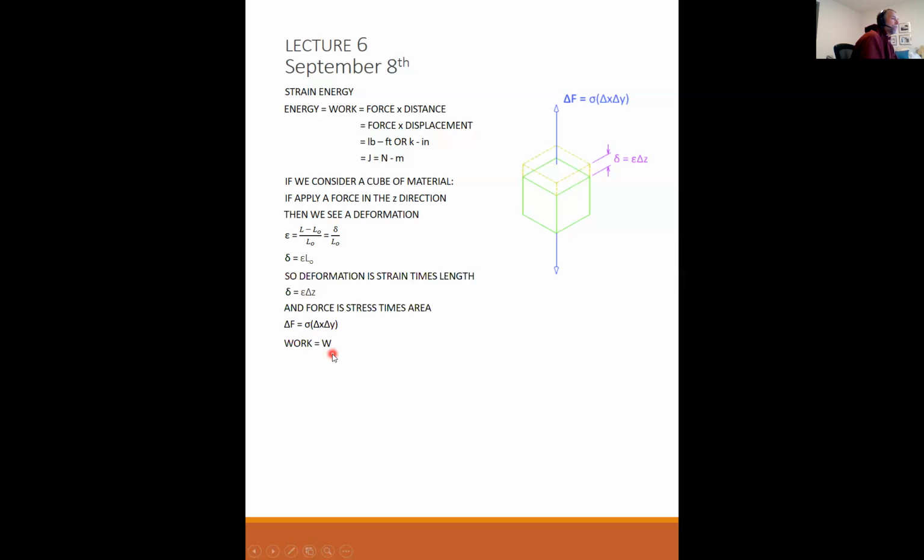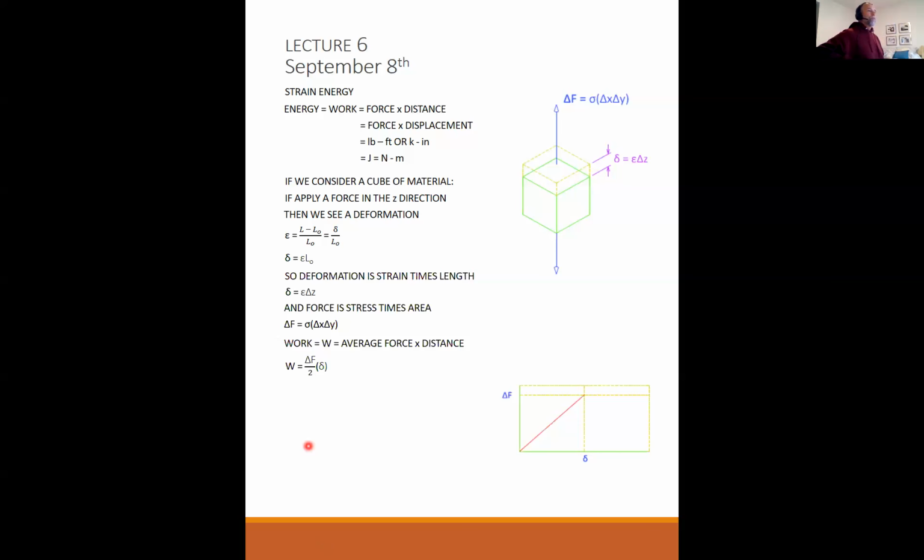If I apply a little bit of force, I get a little bit of deformation. I apply more force, I get more deformation. And this, of course, is a straight line because we are talking about a linearly elastic material. So if I double the force, I get double the deflection. So far, so good?